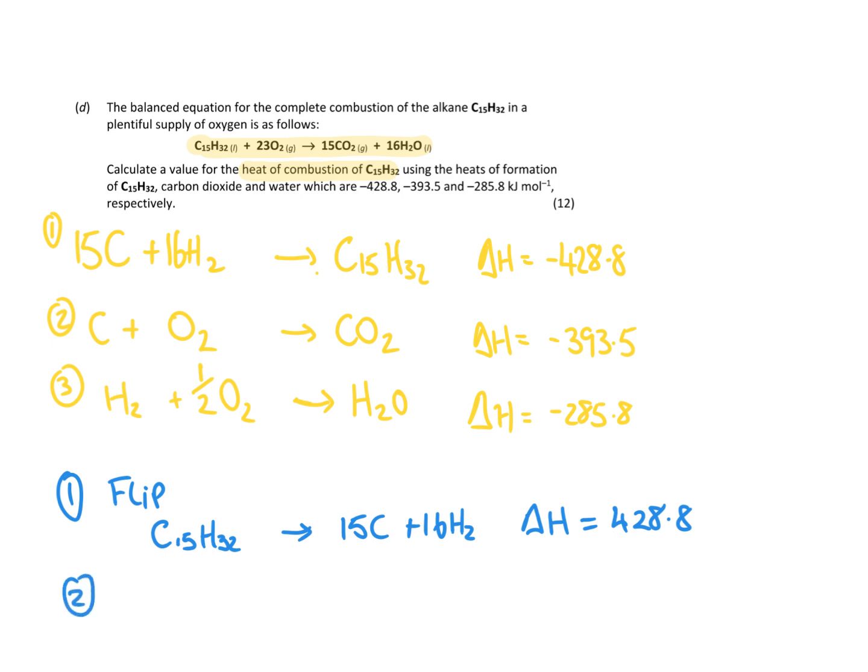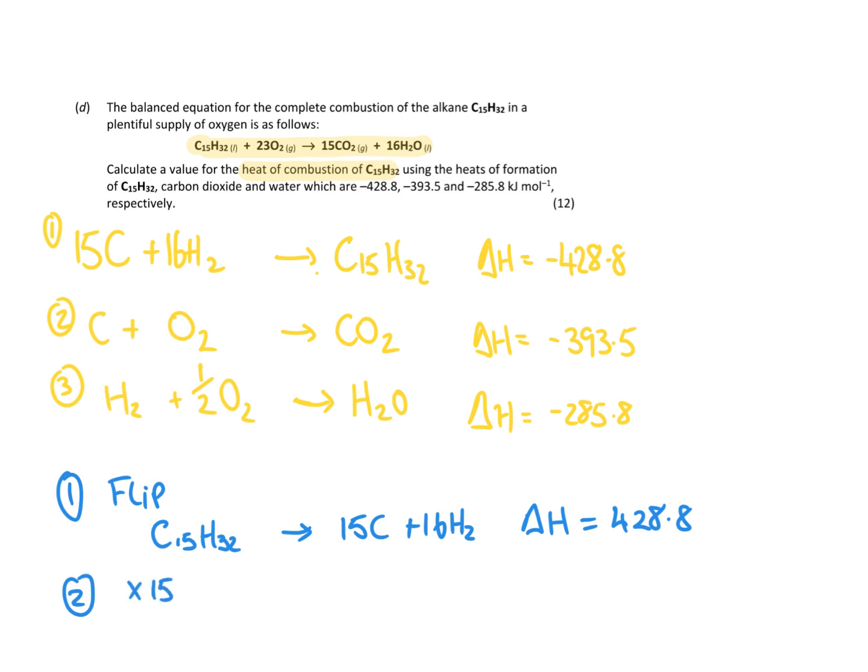If we look at equation 2 here, what is of interest for me in equation 2? Well, it is the carbon dioxide. I can see that I have carbon dioxide in equation 2 and in my target, but there's a mismatch in the number. I need 15 carbon dioxides, but I only have 1 in equation 2. So what I'm going to do is multiply equation 2 by 15.